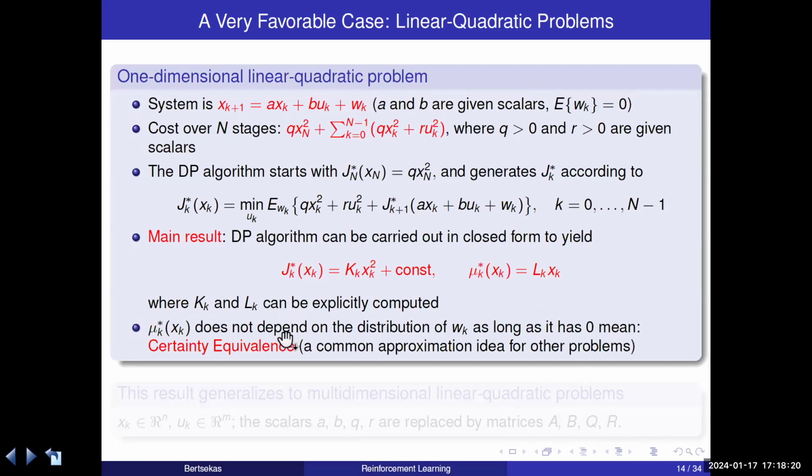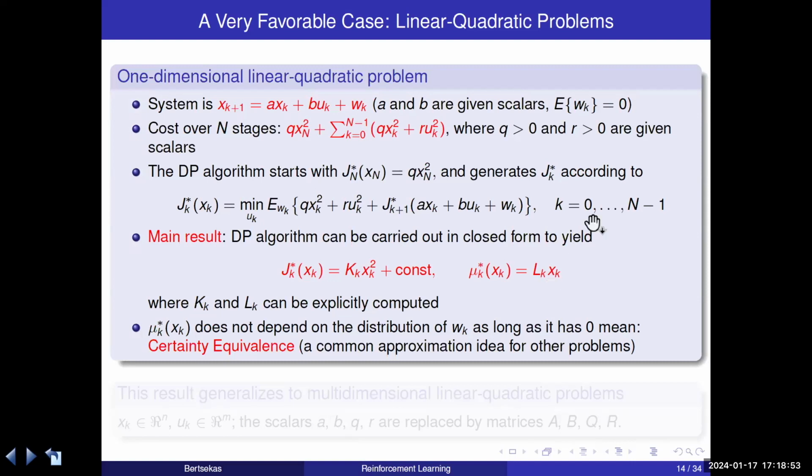There's another thing that's nice here. The optimal policy does not depend on the distribution of w_k, as long as it has zero mean. It depends only on the mean, actually, of the distribution. But here we assume zero mean, and what we get is basically the same controller for deterministic problems or for stochastic problems.